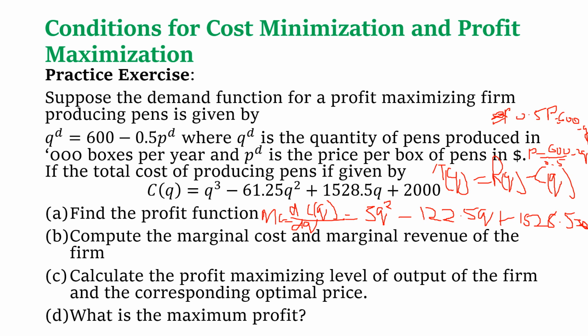I expect you guys to be able to do that. Plug the Q star into the profit function to obtain the maximum profit. Make sure you're able to solve this one for the midterm exam. I don't want you to say, oh, I don't understand this one. Study this one properly.